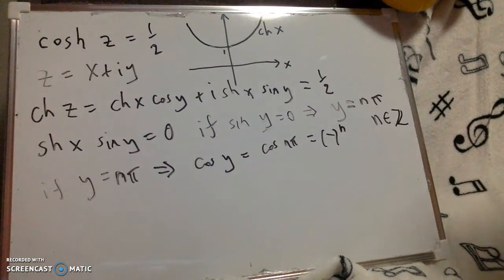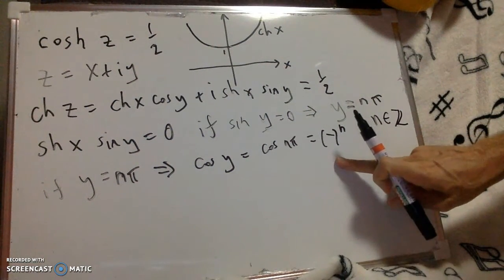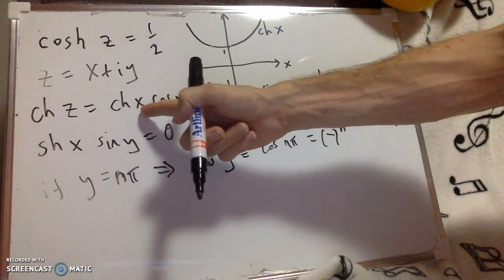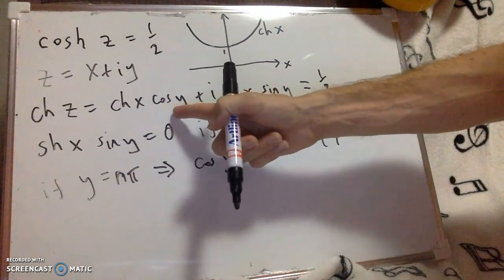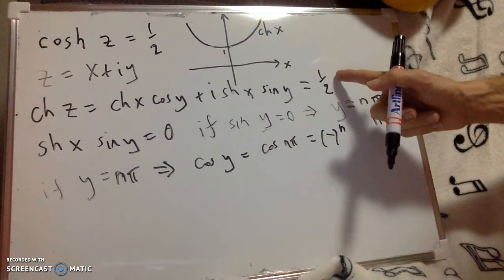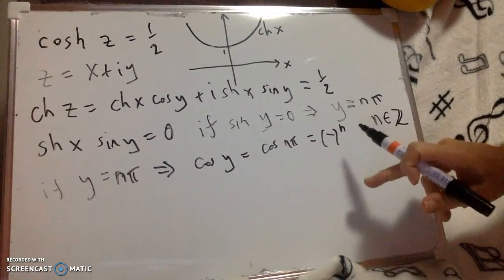Useful formula to know if you don't already know it. So what does that mean? When we take the real part, that means that cosh x times minus 1 to the n is equal to 1/2. And we know that's impossible. Okay, so this goes nowhere.